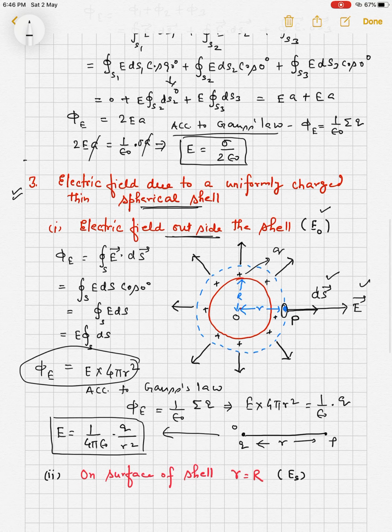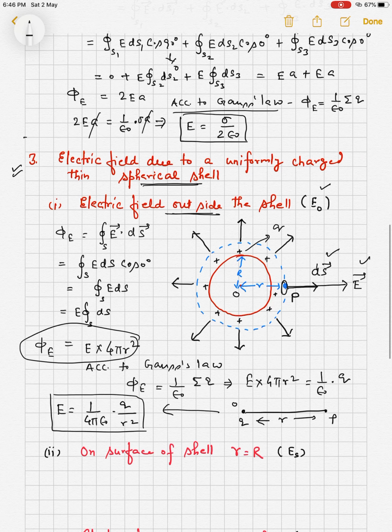On the surface of the cell, r is equal to capital R. So this field is EI, that is EO outside. So everywhere we can take EO.